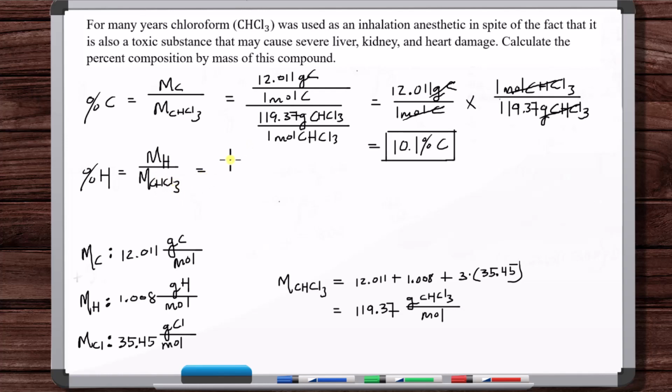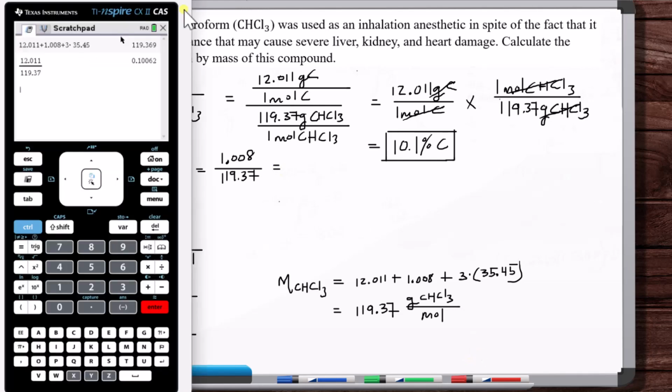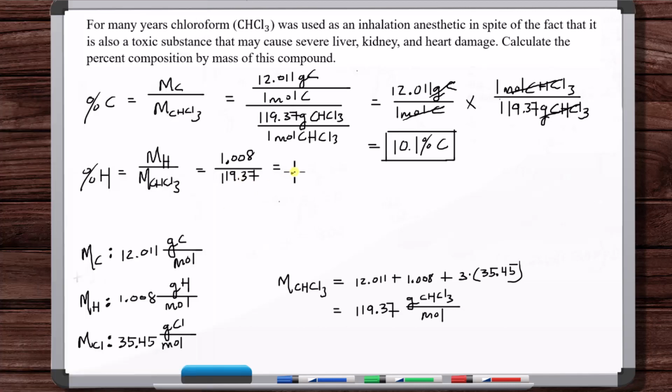So we've got 1.008 divided by 119.37, which is 0.84% hydrogen.